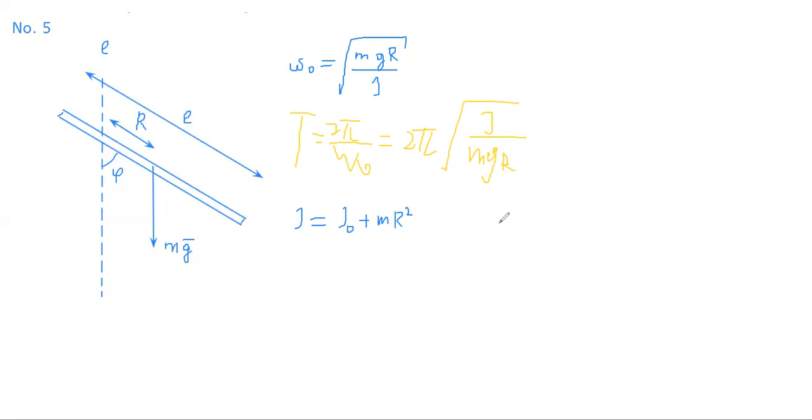Okay, and what about I0? Can we find this for the homogeneous rod?